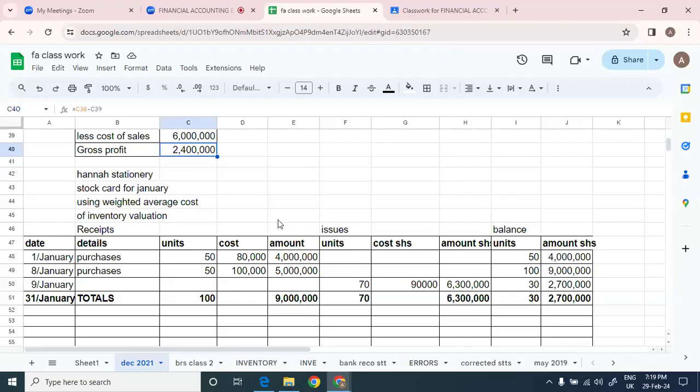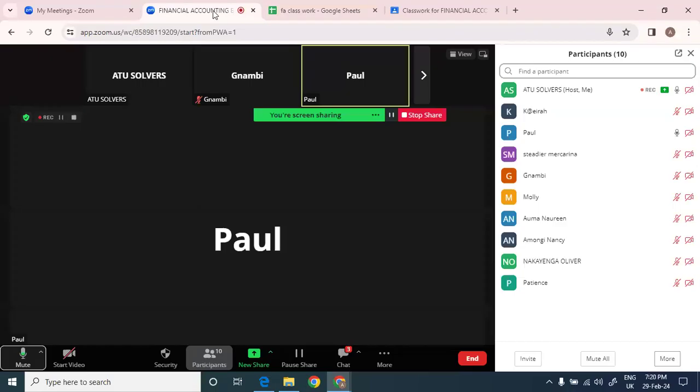Useful life. Another term. This is an estimated time. Because we've looked at the cost minus scrap value divided by the useful time.